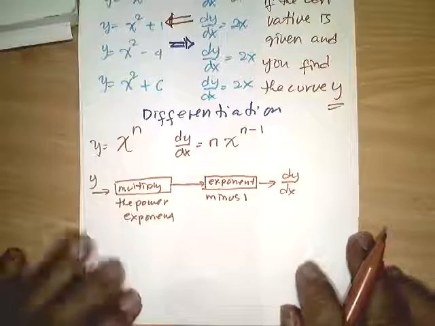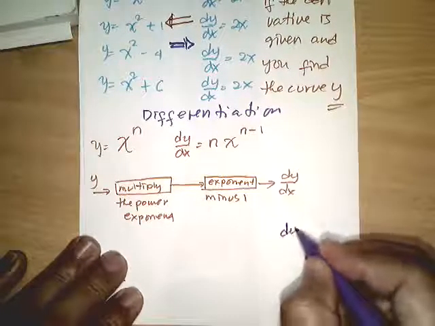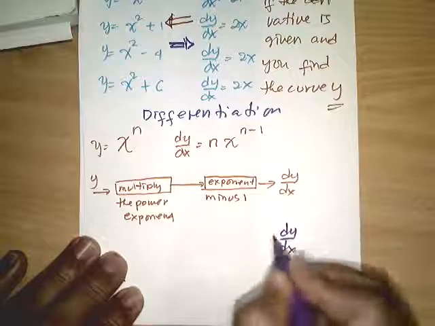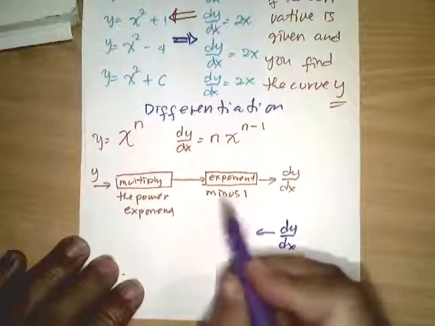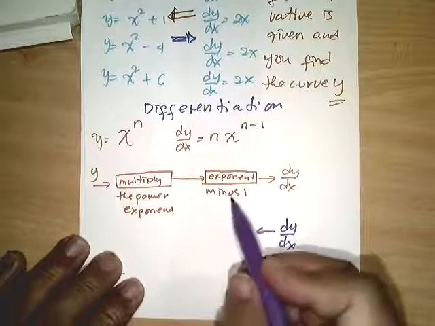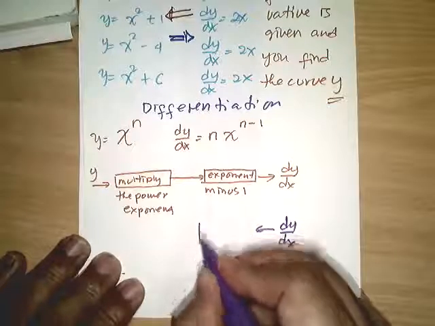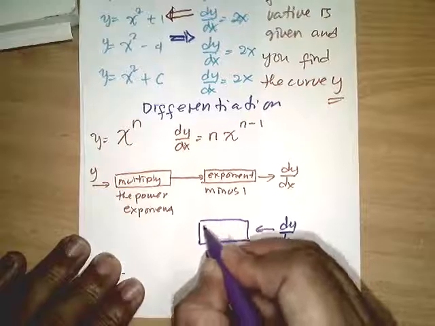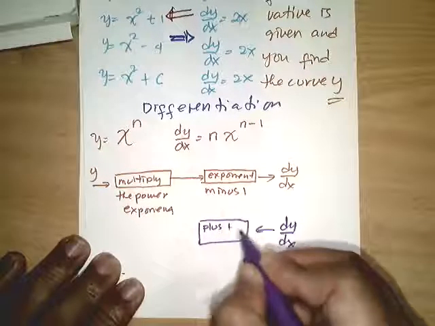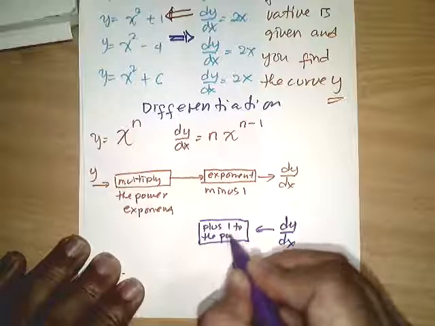But since integration is the other way around, this time the given is the dy/dx, and we're going the other direction. So instead of subtracting 1, we add 1. So the first step is the total reverse of that: plus 1 to the exponent or the power.